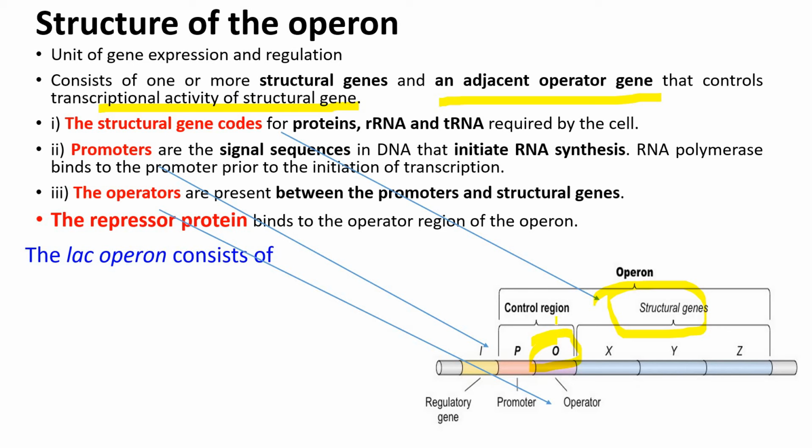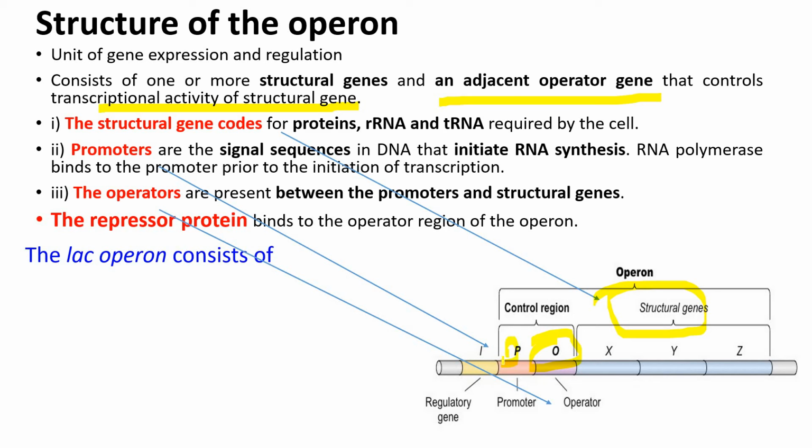Now what are the components present in it? First one, structural gene, codes for protein, rRNA, tRNA required by the cell. Then promoter gene. These are signal sequences in DNA that initiate RNA synthesis.